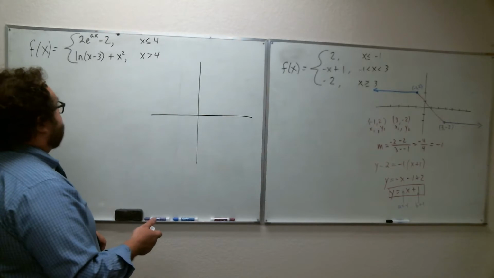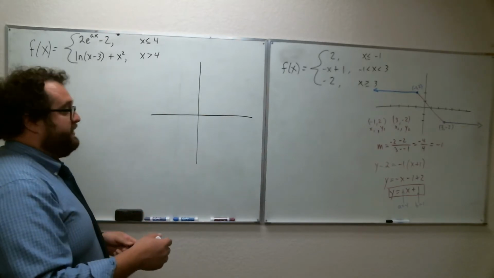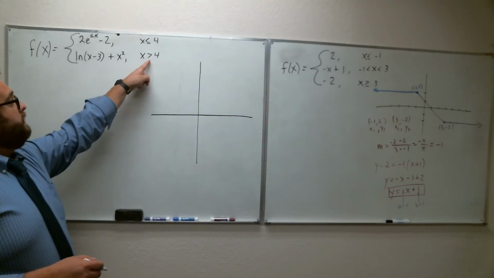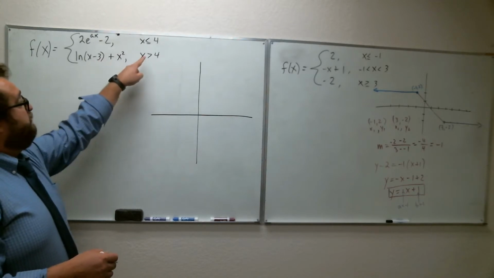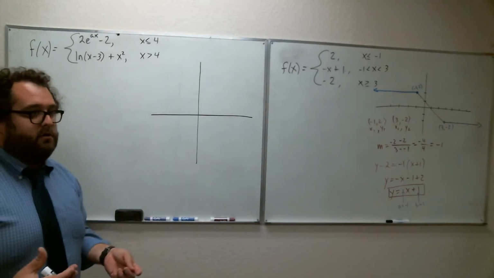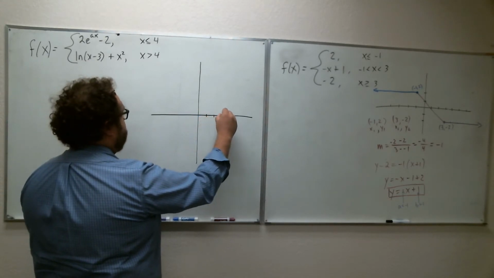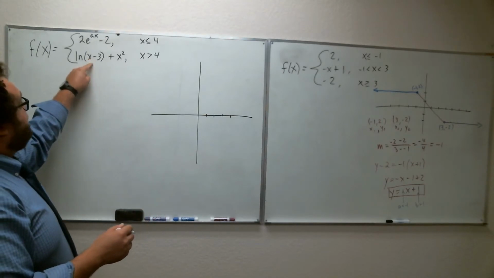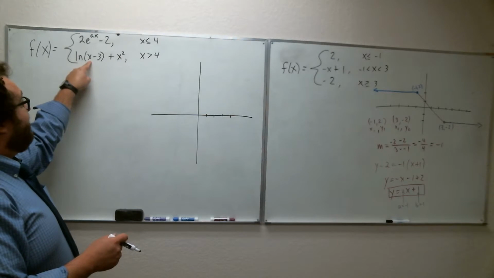So let's just get an idea of what the first couple of values of this function look like. Let's just plot a few points. For instance, if we plug in a 4, okay, now 4 is not in the domain of this function, but let's just say it was, what would it look like? Well, it would be natural log of 4 minus 3, which is 1.